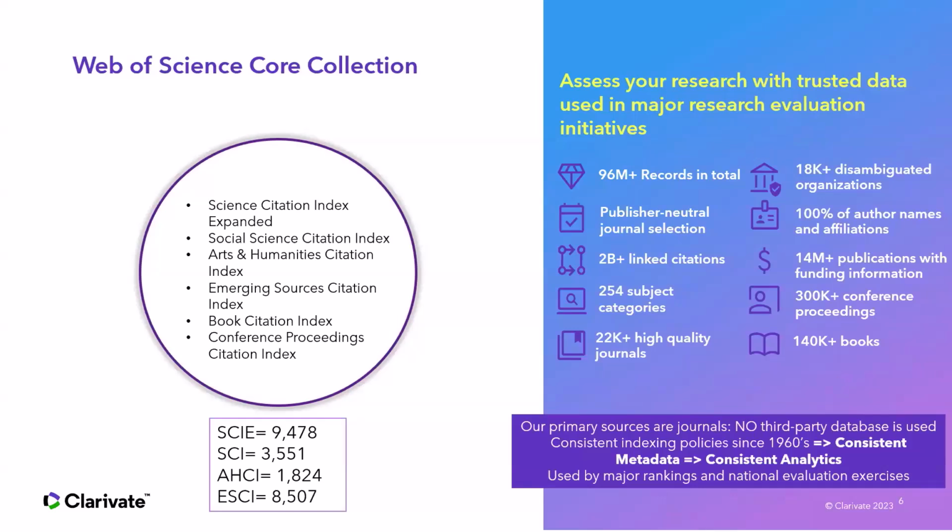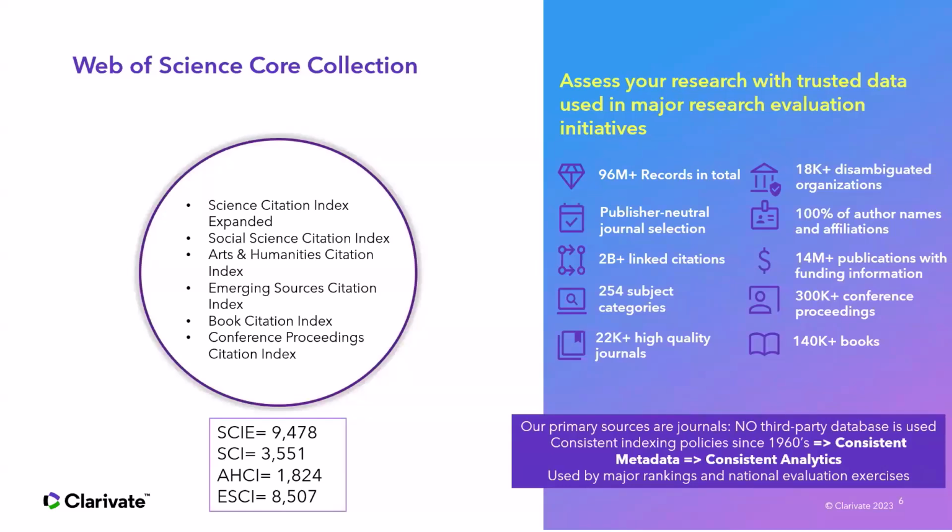The journals are indexed by 4 journal indexes: the Science Citation Index Expanded, the Social Sciences Citation Index, the Arts and Humanities Citation Index, and the Emerging Sources Citation Index. We then also have book indexes and conference proceedings.